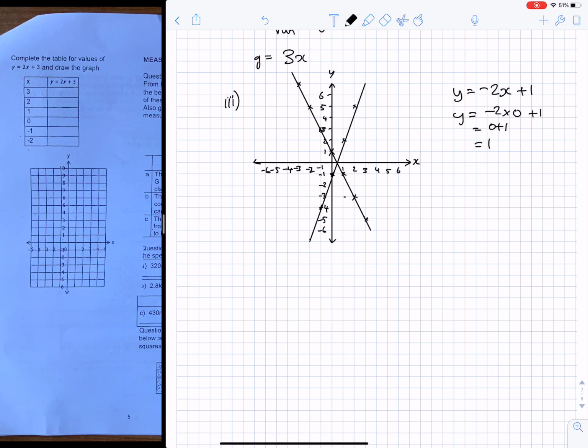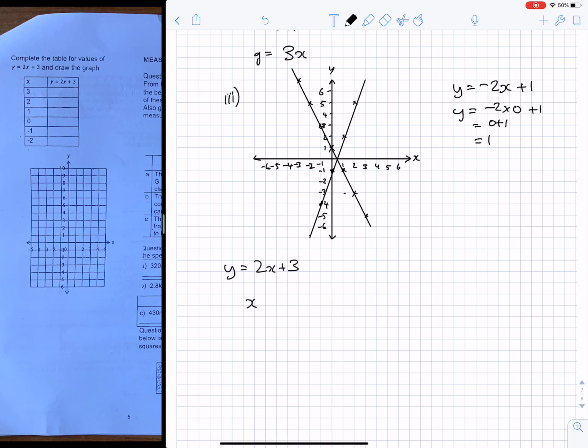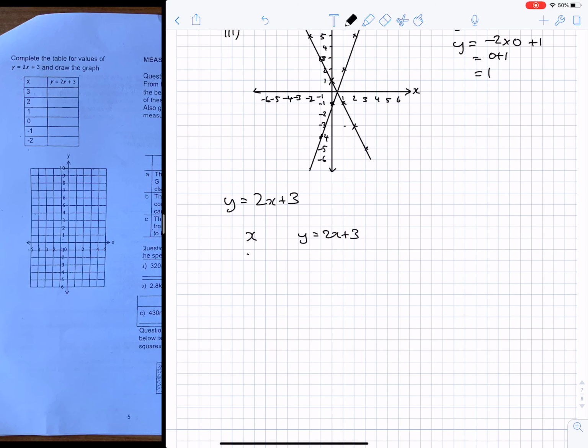Carrying on from the question, it says complete the table for the values of y equals 2x plus 3. Okay, so you've got x here and you've got y equals 2x plus 3. When x equals 3, y equals 2 times 3 plus 3, which equals 6 plus 3, which is 9.